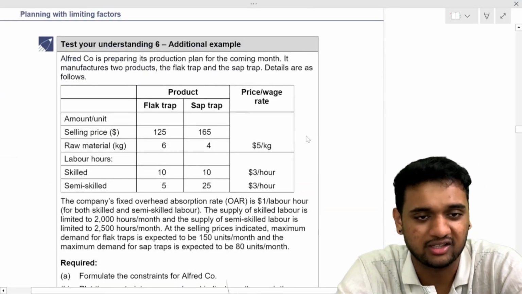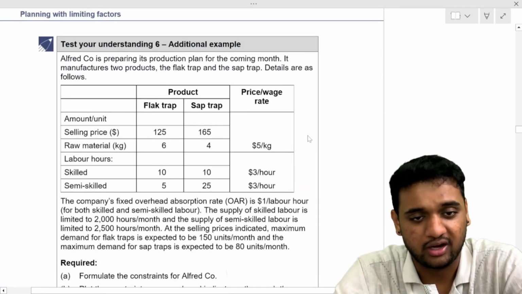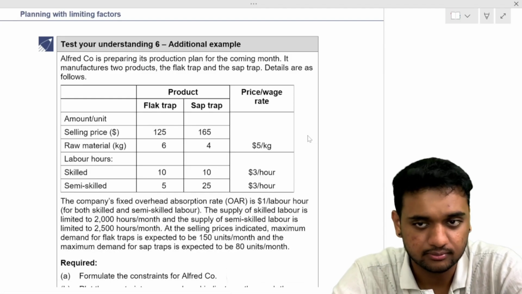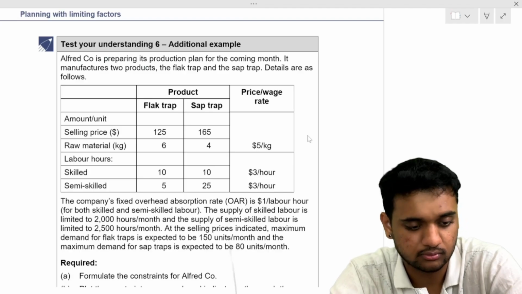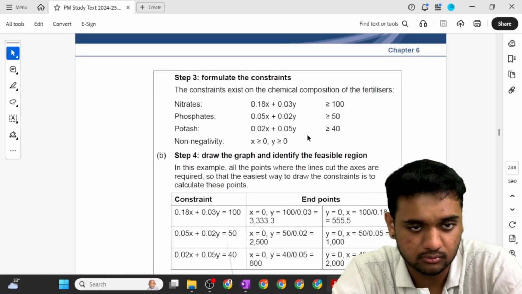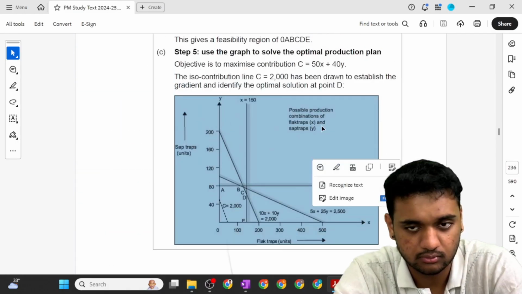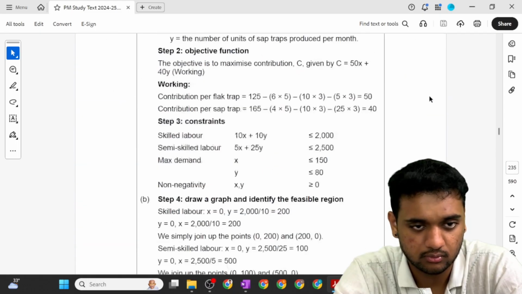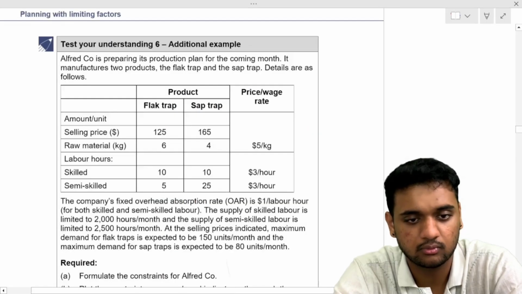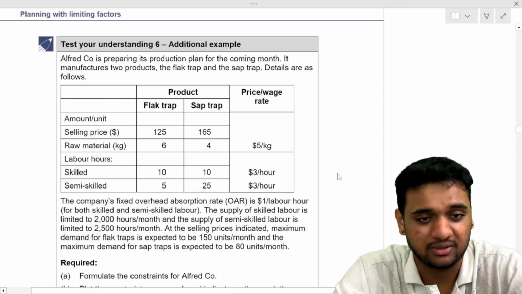Now come down to test your understanding question number 6.